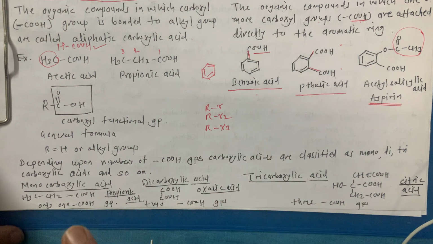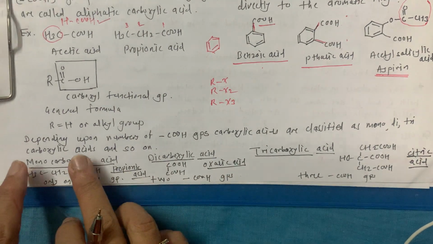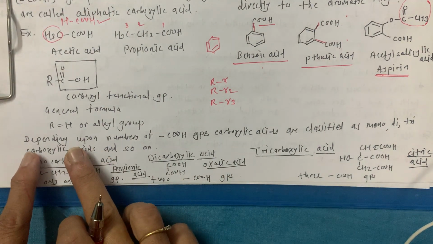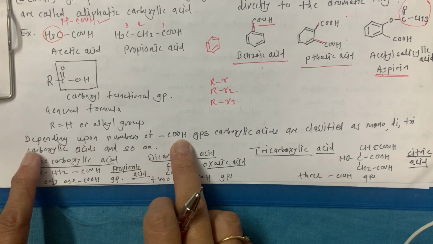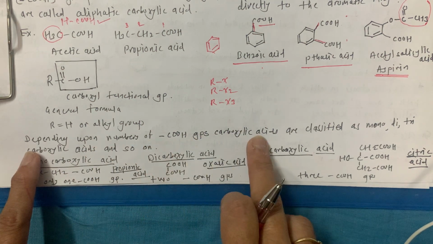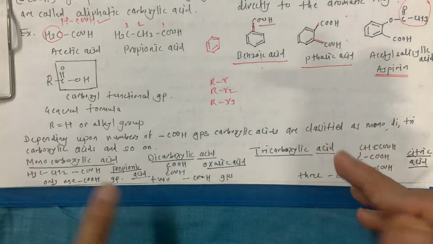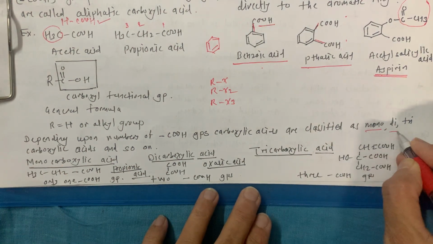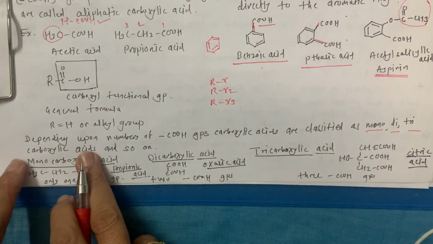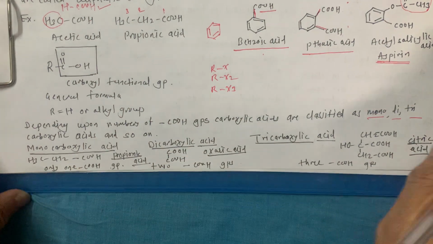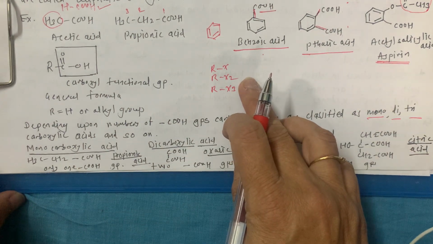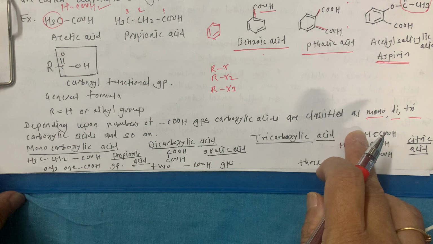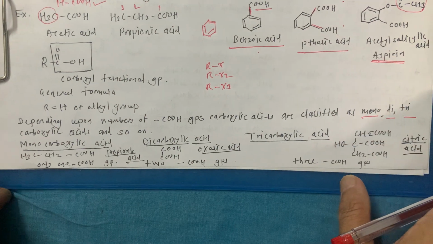In the same way in acids also, depending upon the number of COH groups, carboxylic acids are classified as mono, di, tri carboxylic acids and so on. Just like there we get a quaternary product, similarly here we will get a quaternary acid product also.